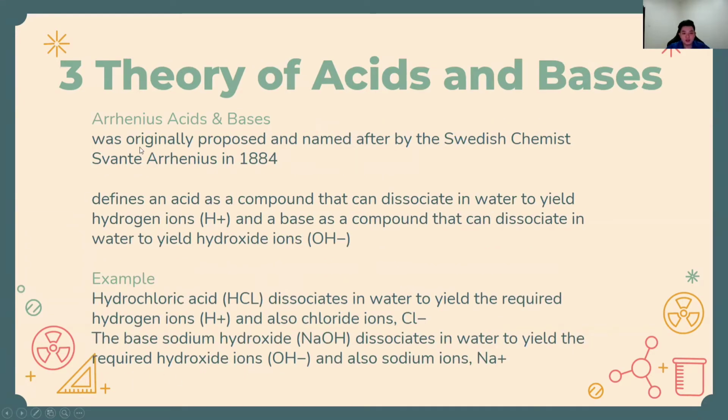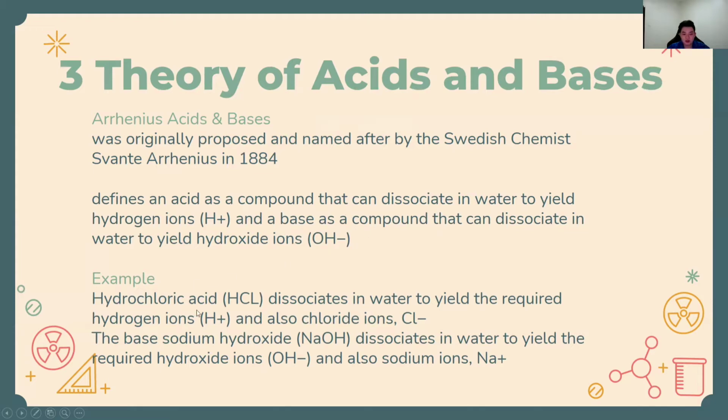Third, we have Arrhenius acid and bases. Originally proposed and named after the Swedish chemist Svante Arrhenius in 1884. It defines an acid as a compound that can dissociate in water to yield hydrogen ions H+, and a base as a compound that can dissociate in water to yield hydroxide ions OH-.